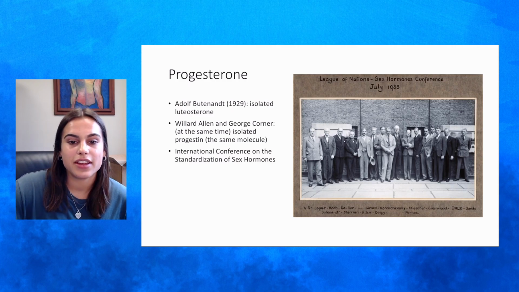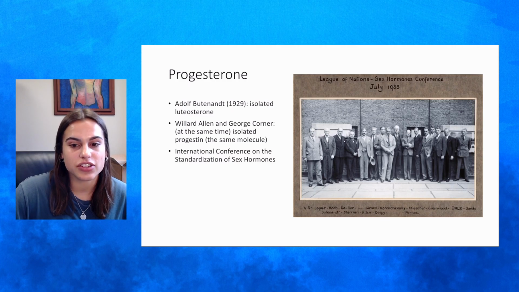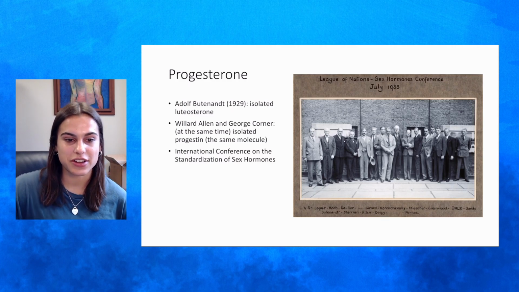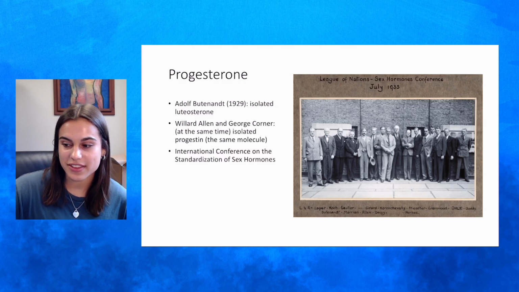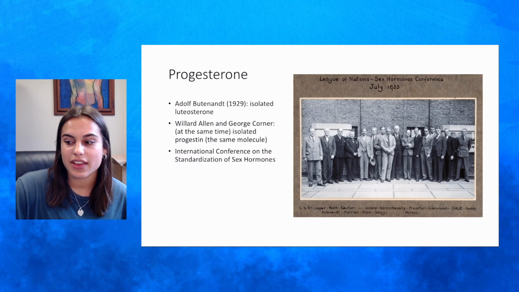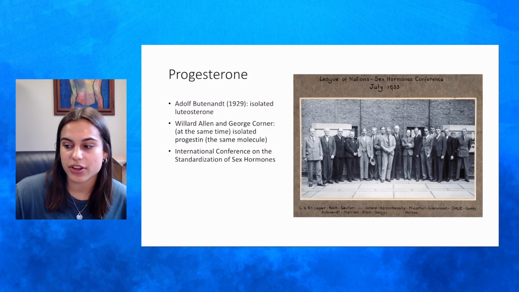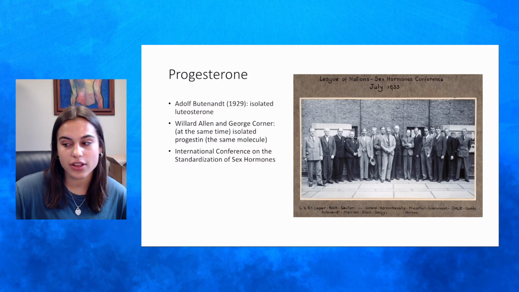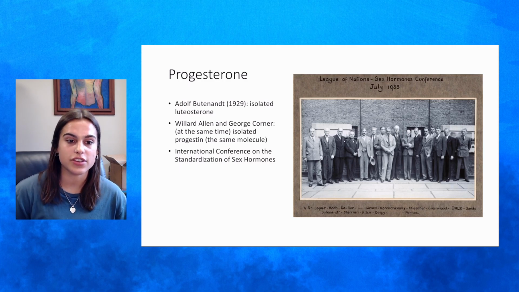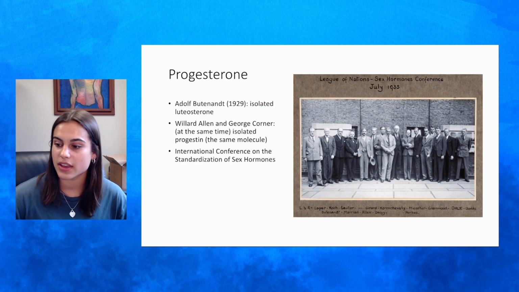So in 1935, at the International Conference on the Standardization of Sex Hormones, which does exist, in London, they compromised and dubbed the name progesterone, a combination of the two names. So nowadays, progesterone refers to the natural molecule, while progestin refers to any synthetic version of it.